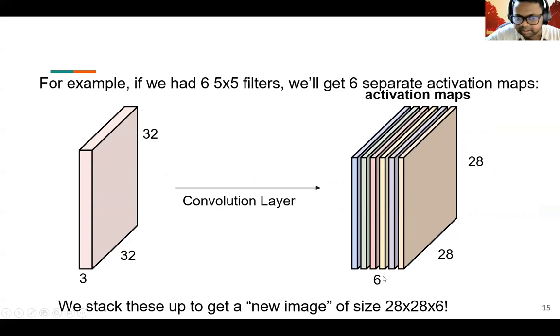Why is this important? Because initially you are dealing with a 3-dimensional space. Now this 3-dimensional input is elevated to a much higher dimensional space by the 6 channels. At the same time, all the features in this 32 by 32 image are now condensed into this 28 by 28 image size.